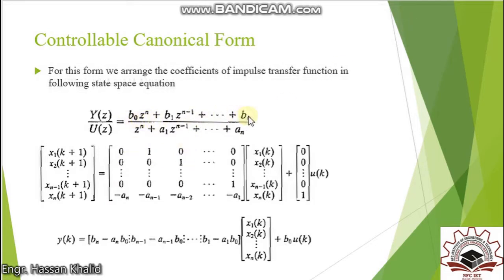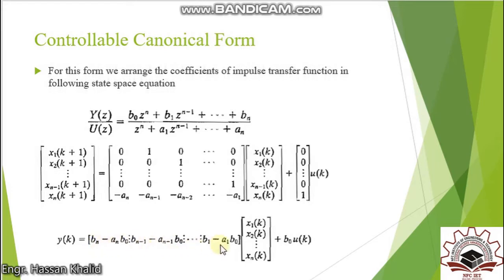Now if you look at the numerator of this pulse transfer function, where the coefficients are b0, b1 and till bn, you can easily write the output matrix that was C in the continuous domain and C in the discrete domain as well.